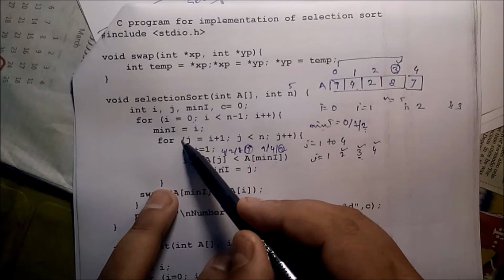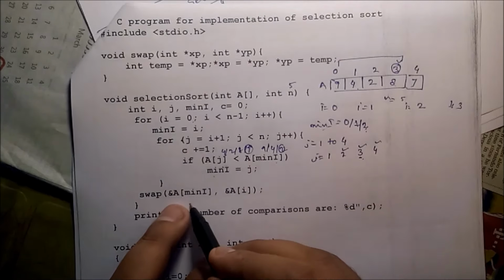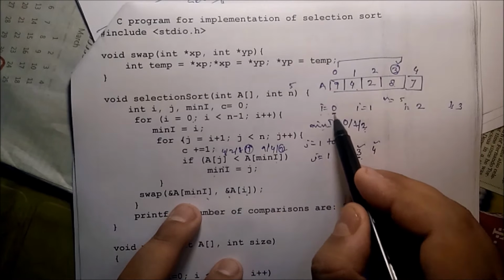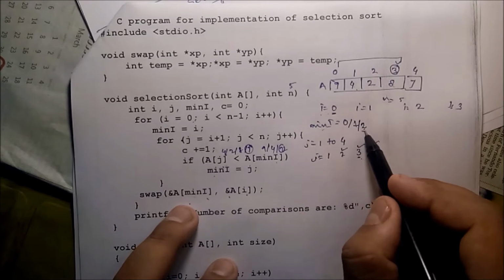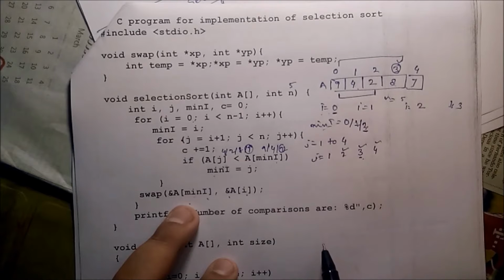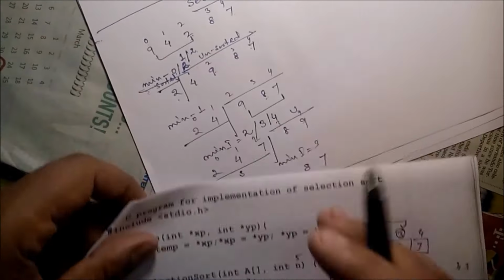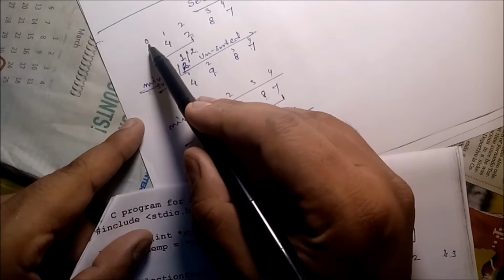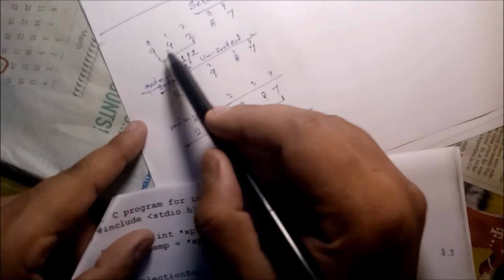After completion of this particular j loop, swap min i with a[i]. What is i? i is equal to 0. And min i is equal to 2. That means swap index 0 and index 2. Now you have seen here, swap the 0 index with the 2 index. So swap 9 with 2.